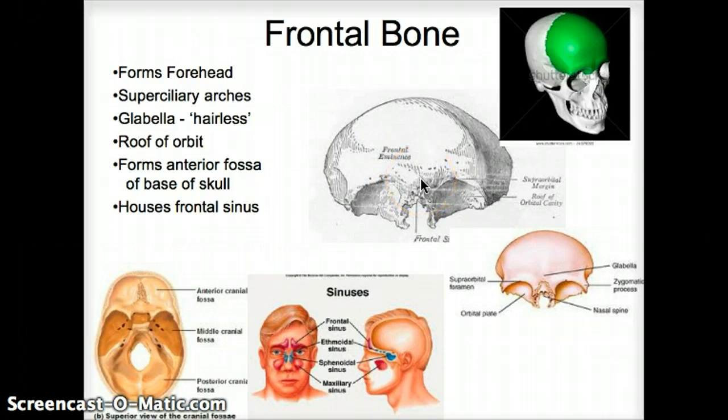Then we have the roof of the orbit, which is the eye socket. So that's what partly makes up what is behind the eye, the bony portion. And then it forms the anterior fossa of the base of the skull.